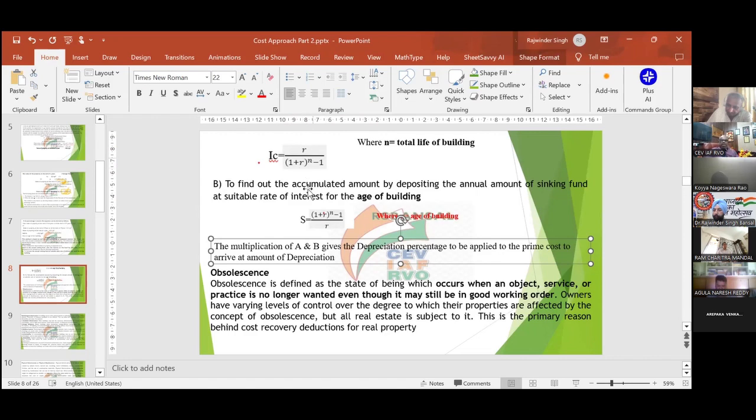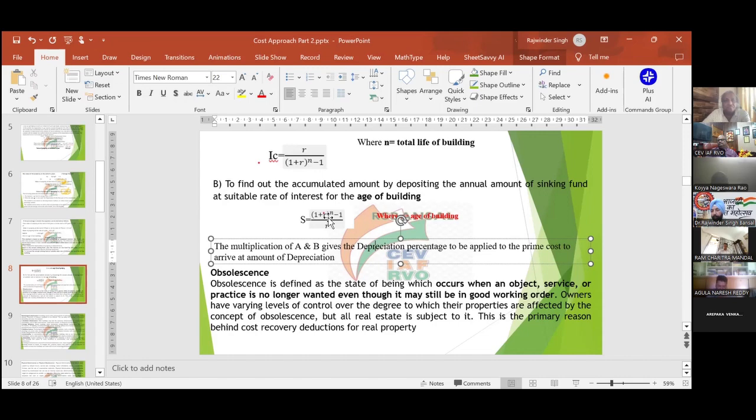This denominator is in the numerator, this numerator is in the denominator, and the formula is IC into S. And if both these values are the same, then the value will come as 1 every time. Practically, these two formulas are opposite to each other, and for depreciation you have to multiply IC into S. If you do IC into S, you will get 1 every time. You will get the answer 1 when you multiply IC into S.